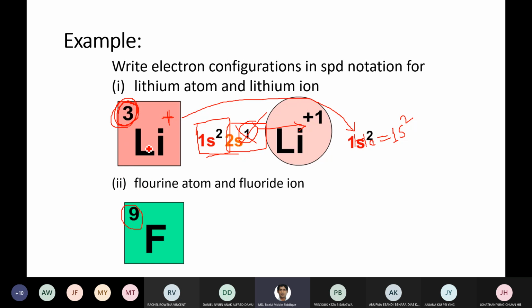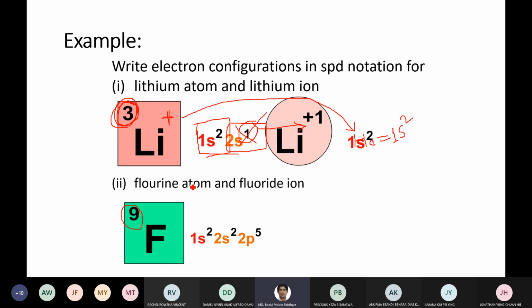But fluorine is very near to neon, because neon has 10 electrons, and by having 10 electrons, neon is very stable. Just after helium there is neon, so it is also a noble gas. So fluorine will also try to attain that neon structure.